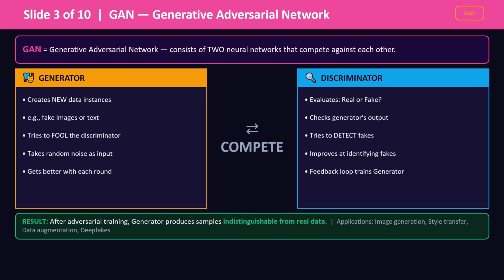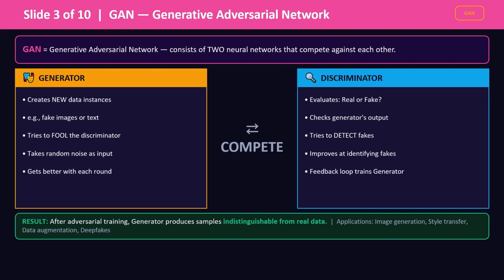The discriminator is like the detective. It looks at both real and fake data and tries to determine real or fake. It keeps getting better at detecting fakes. They compete. The generator keeps improving to fool the discriminator, and the discriminator keeps improving to catch the generator. This adversarial competition goes round after round.